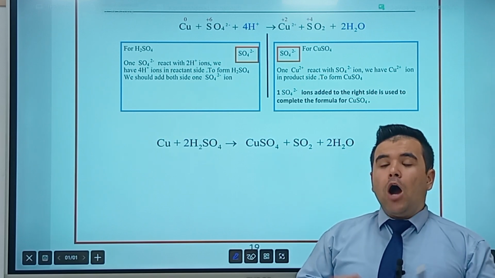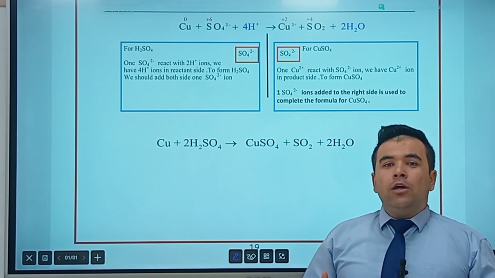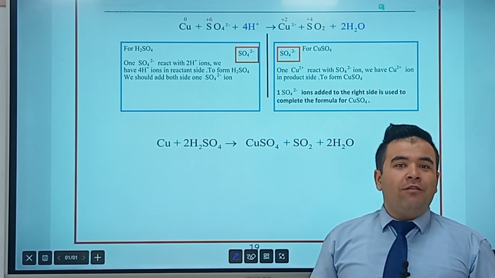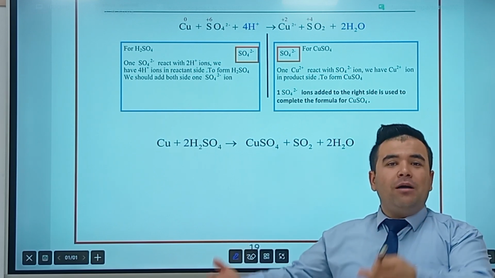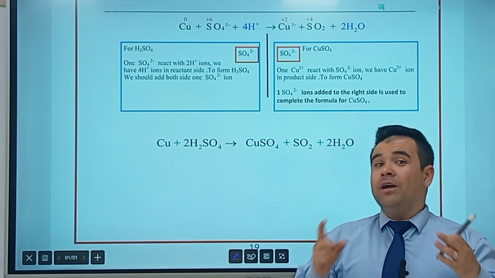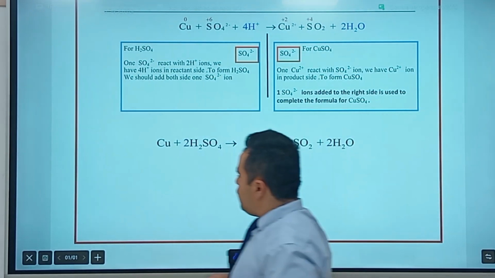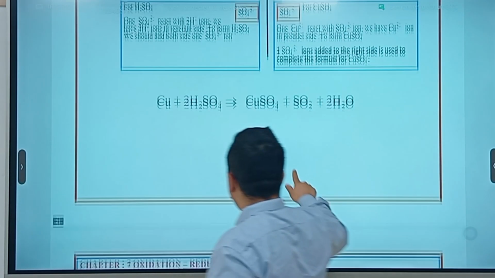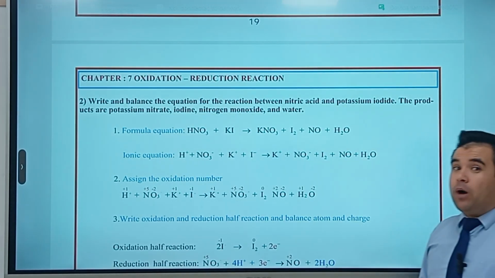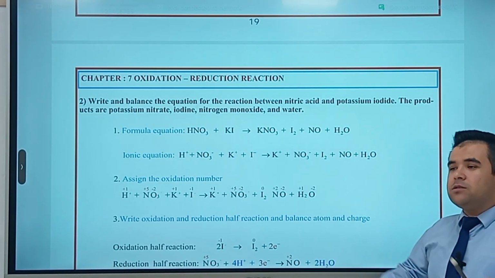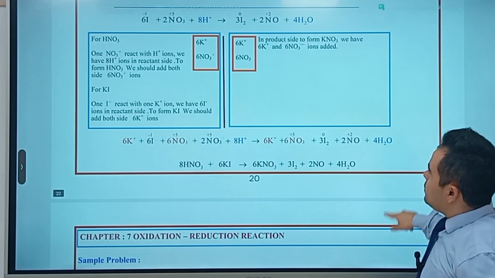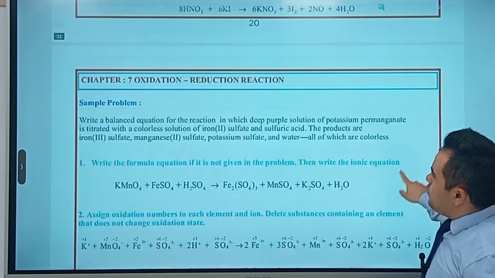Or they may ask how many H2O are added to which side in the oxidation half, or how many hydroxide or protons are added to which side in the reduction half or oxidation half. This should be asked for the purpose of the ministerial exam, and those procedures do not require balancing the formula equation. Just try to balance the reactions as much as possible.